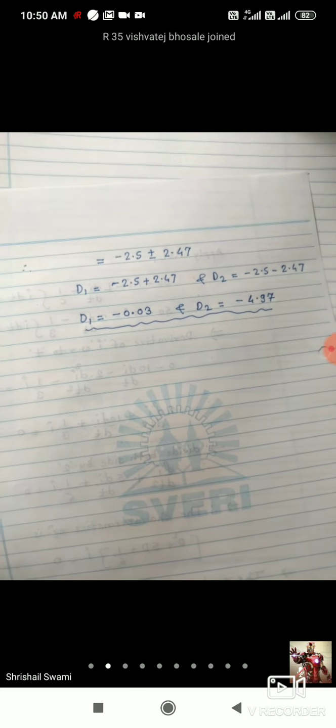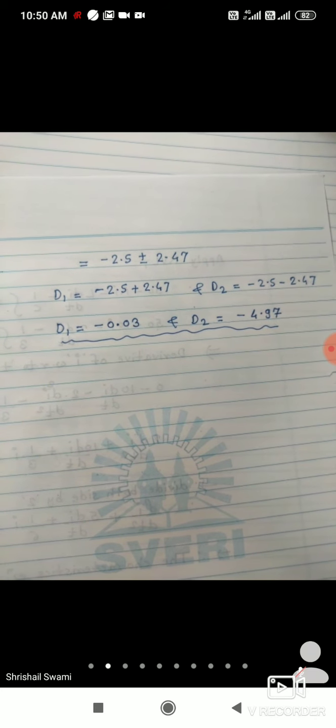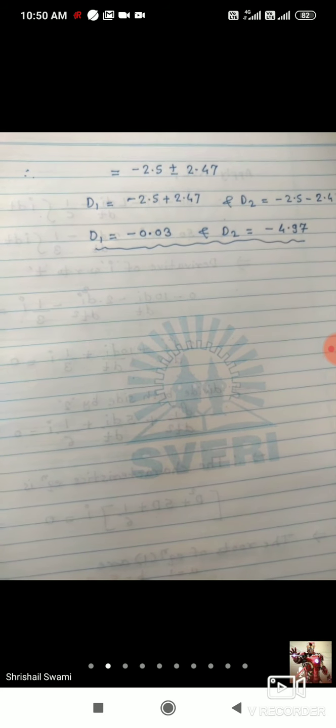So what is the nature of the roots? Are the roots complex numbers or real numbers? The roots are real, and whether they are equal or unequal. Unequal means case number 1, 2, 3. If the roots are real and unequal, then what is the solution?